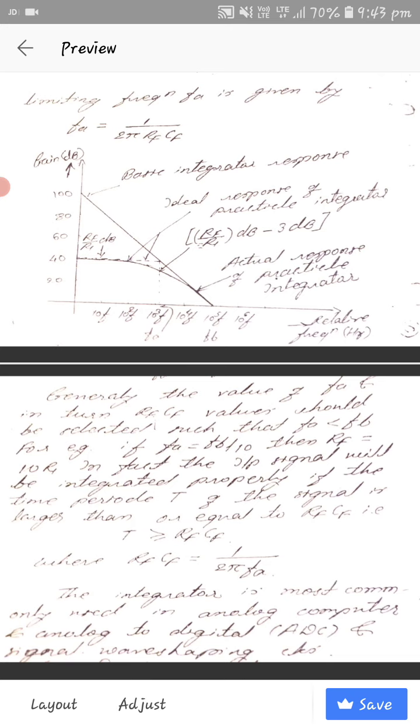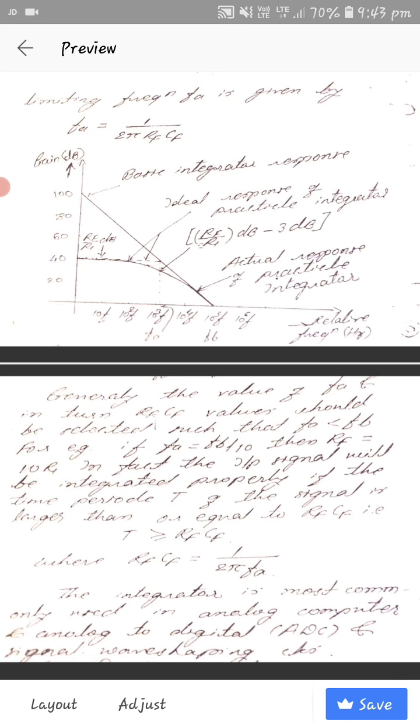Generally the values of RF and CF would be selected such that FA is less than FB. For example, if FA is equal to FB upon 10, then RF is equal to 10 R1.